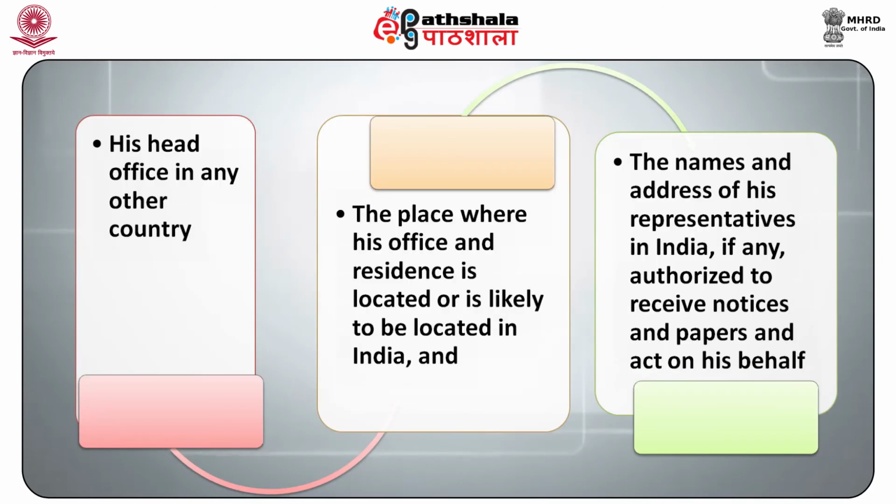Sixth, if the applicant is not hitherto assessed in India, he shall indicate the following in annexure first of the application: A. His head office in any other country. B. The place where his office and residence is located or is likely to be located in India. And C. The names and addresses of his representatives in India, if any, authorized to receive notices and papers and act on his behalf.